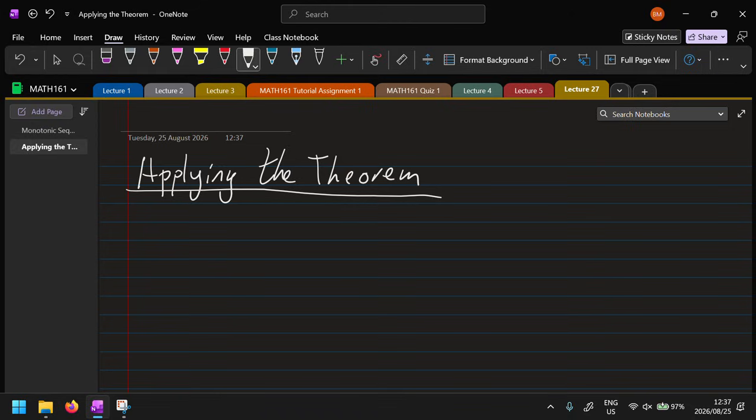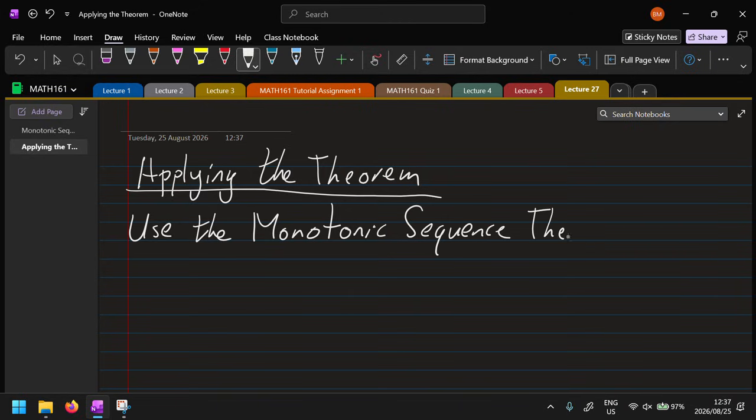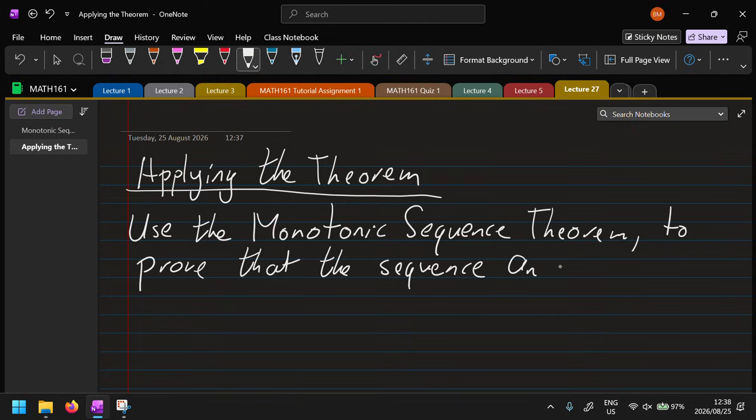Okay, so the question will always be phrased in this kind of way. Use the monotonic sequence theorem to prove that the sequence a sub n is convergent.